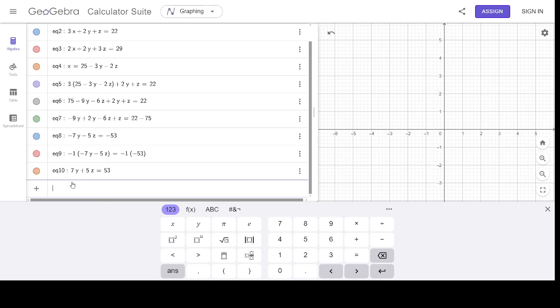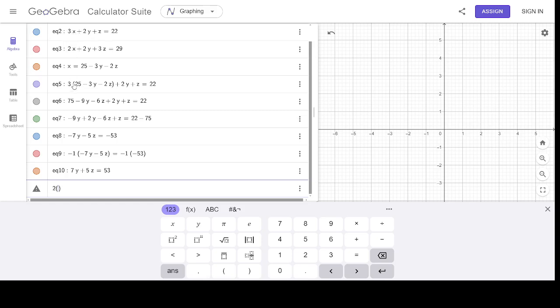You see this 2 here, then in bracket we input the value of x, because we say x is equal to 25 minus 3y minus 2z. We are substituting it here just the same way we did for the second equation.